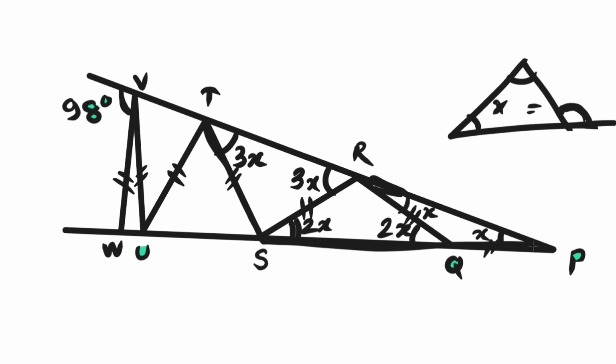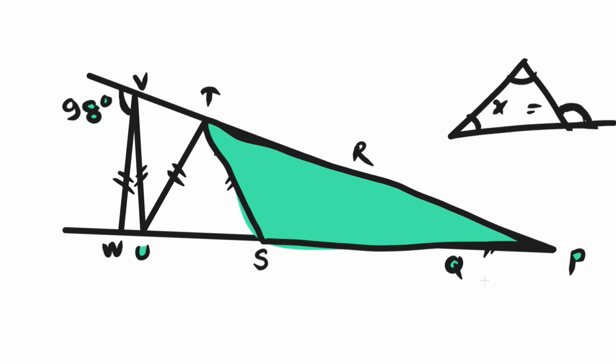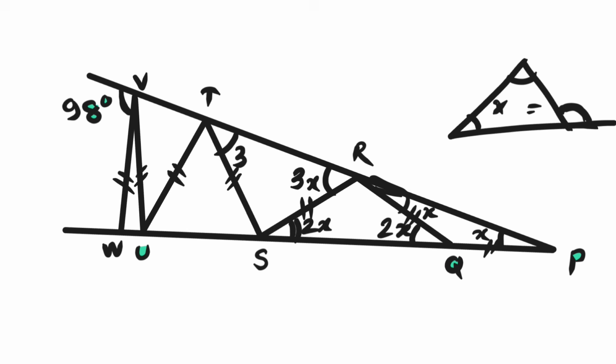Next, we consider the larger triangle PRT and apply the exterior angle theorem again. The two remote interior angles are 3x and x. Therefore, the exterior angle is 3x plus x, which equals 4x. So our sequence continues. We have now reached 4x.